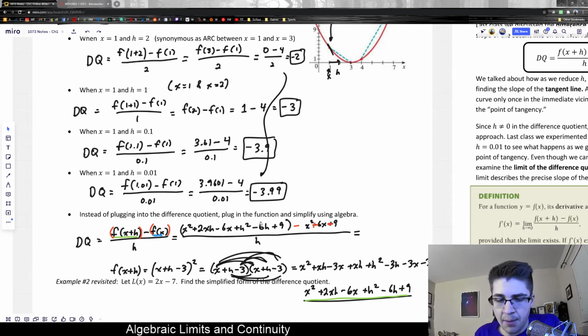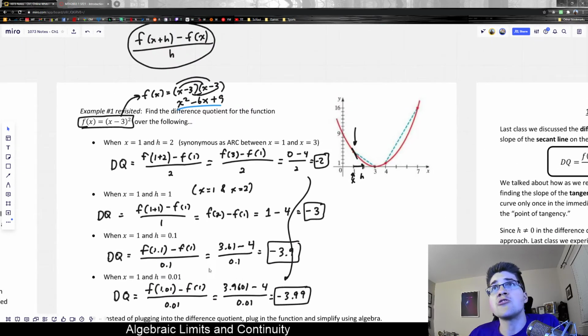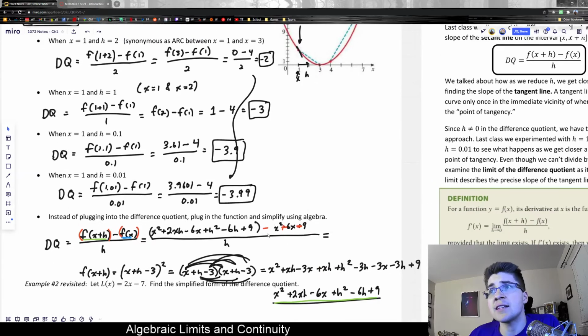So what you can remember is that when you're subtracting f of x, you want to make sure that you change all the signs. Minus x squared plus 6x minus 9. So I'll go ahead and just write it like this. Plus and minus, because when you're taking away a function, all the signs will change.